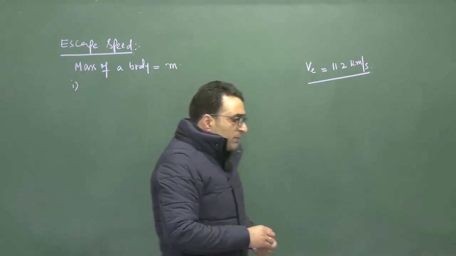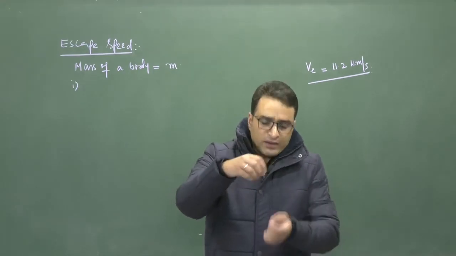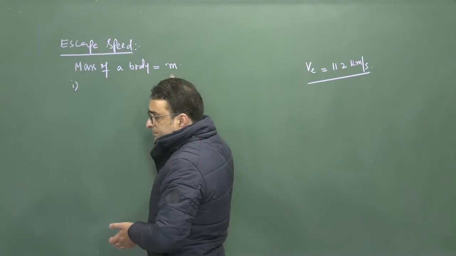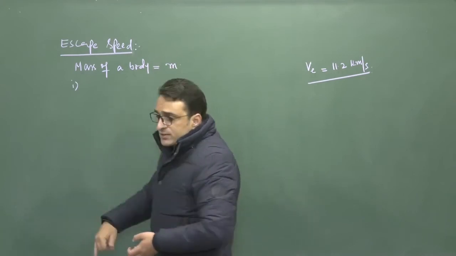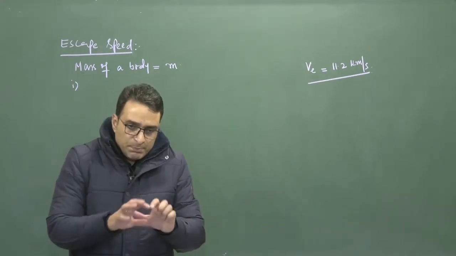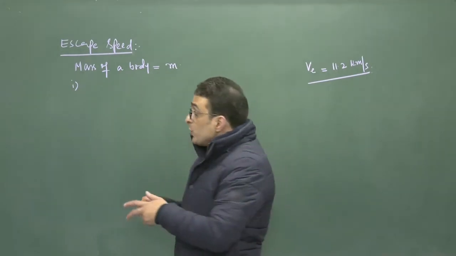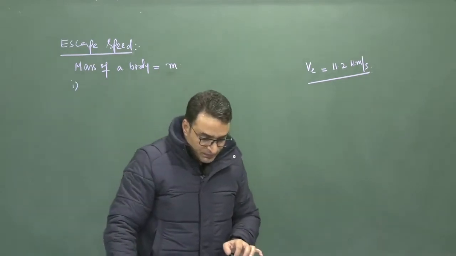By this statement we mean there must be no body other than the earth and this body of mass m, which will experience the force on mass small m. Implies, apart from earth, there must be no other body which will exert the force on this small mass. This is first assumption.